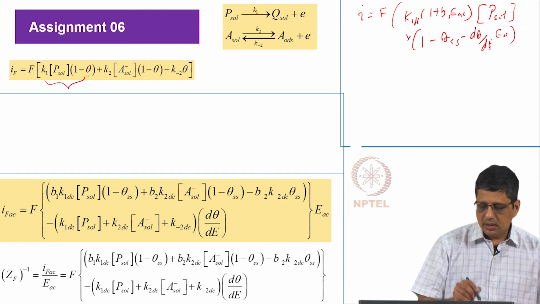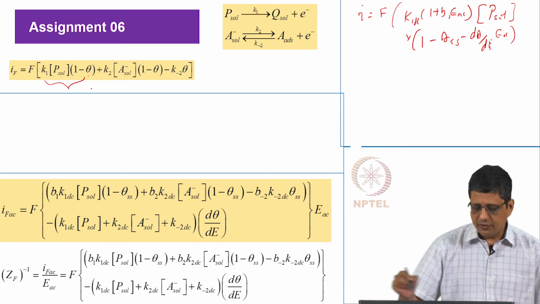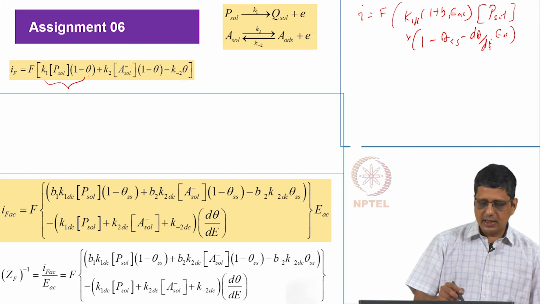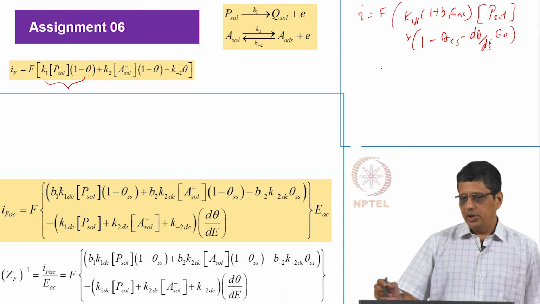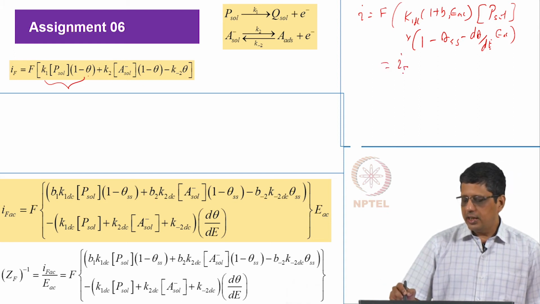This is for the first term, and likewise you can write for the second term and the third term, and when you rearrange it, you would find that you can write that as a DC component plus an AC component.